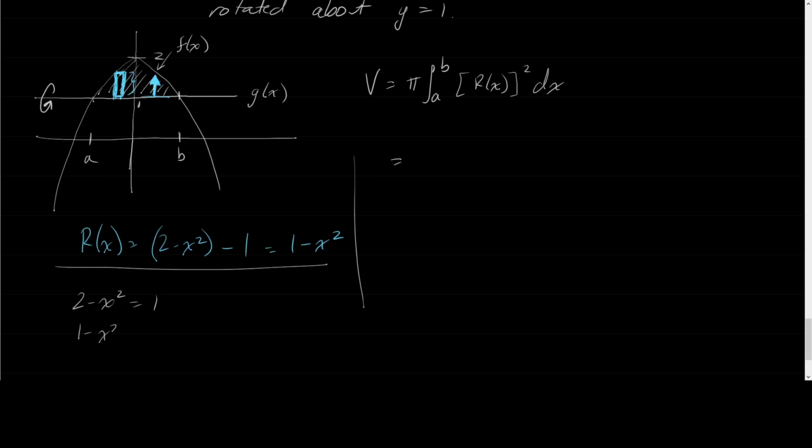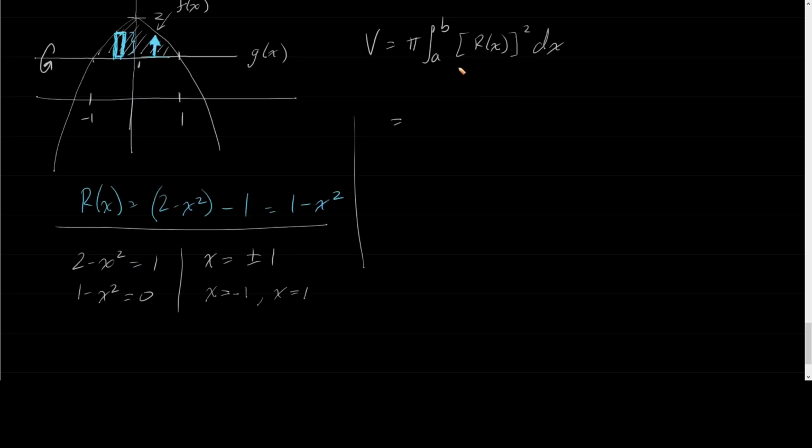So I get 1 minus x squared is equal to 0. So really x is equal to plus or minus 1, right? So x is equal to negative 1 and x is equal to 1. Instead of saying a and b, we're going to say from negative 1 to 1. Notice I used x values, right? Because we're rotating about a horizontal axis. So rotating about a horizontal axis, we want x values for this method.